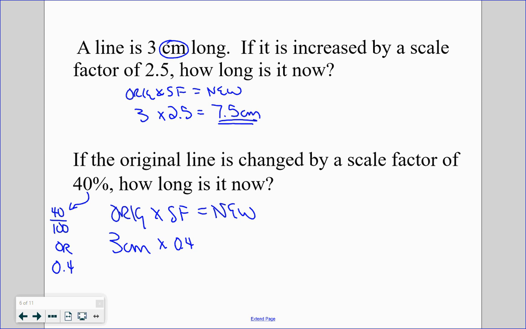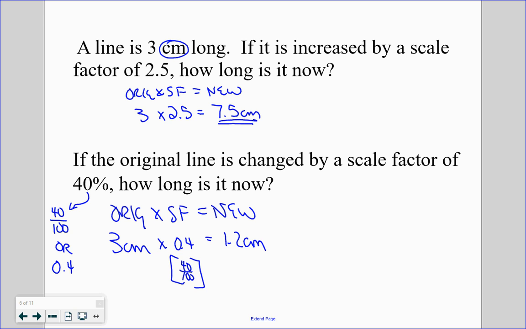Either way, you have to use one of those in your formula. You're not allowed to just times 3 by 40%. Okay, you have to convert percent to a fraction or a decimal. So when you do that, 3 times 0.4, you get out 1.2.